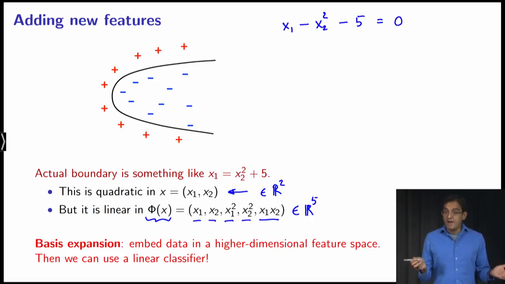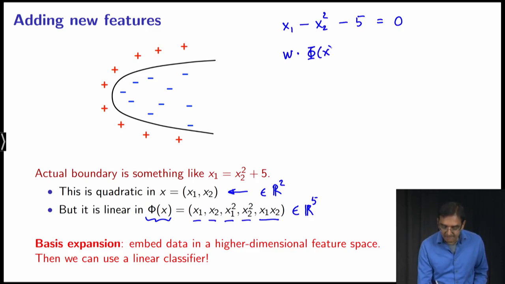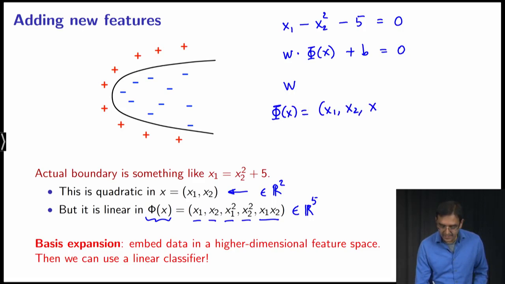Now that's quadratic in x1, x2, but it's linear in phi of x. It is of the form w dot phi of x plus b equals 0. What are w and b in this case? Well, we know phi of x is x1, x2, x1 squared, x2 squared, and x1 x2.